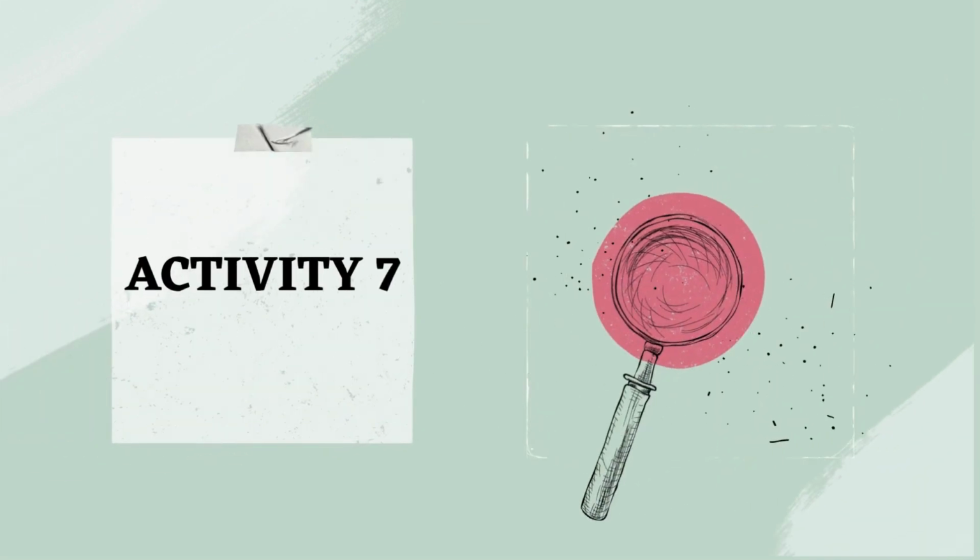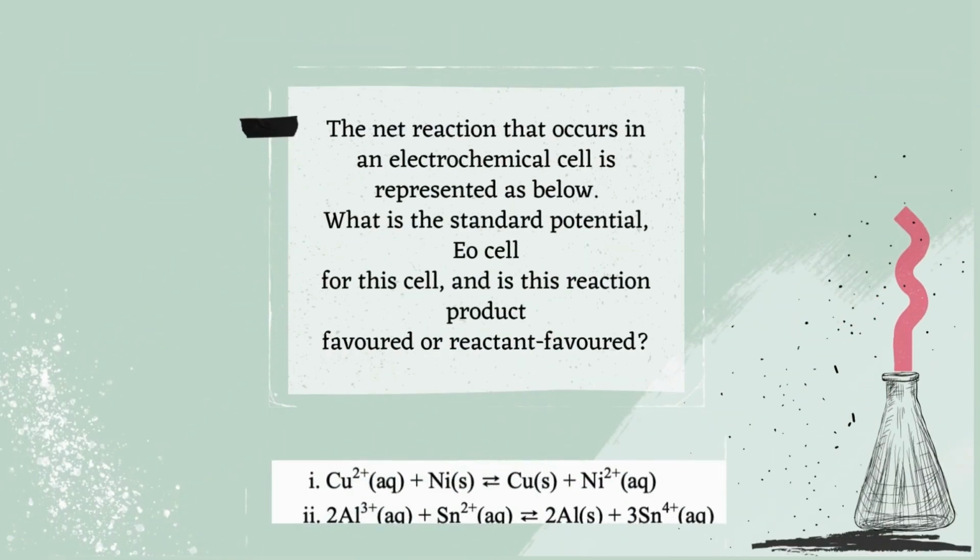Hi, my name is Nur Ain Johanna binti Johan and my matrix number is 227777. Now I will present the standard cell potential and reaction favorability for two electrochemical reactions which are included in activity 7. Let's look at the question given. The net reaction that occurs in an electrochemical cell is represented as below.